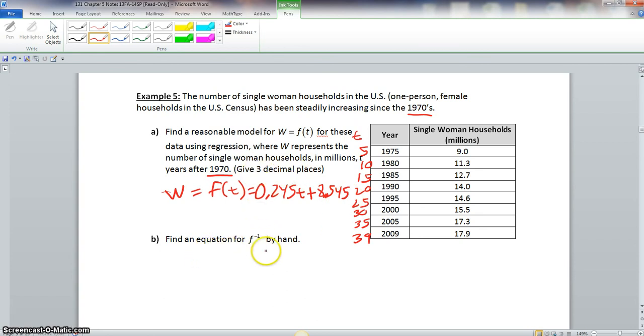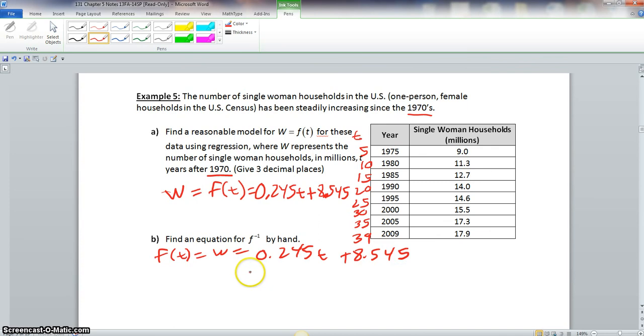Now, we go here to B. It says find an equation for the inverse of F by hand. So we need to take this formula here. We know that F of T is equal to W, which is equal to 0.245 T plus 8.545.